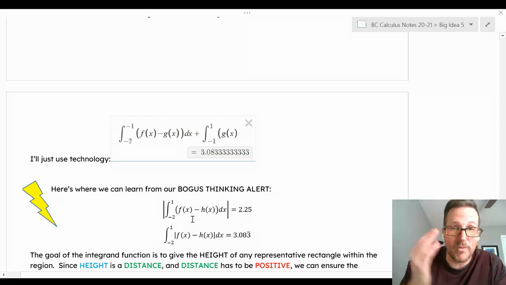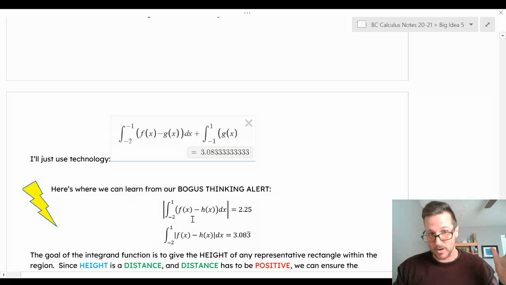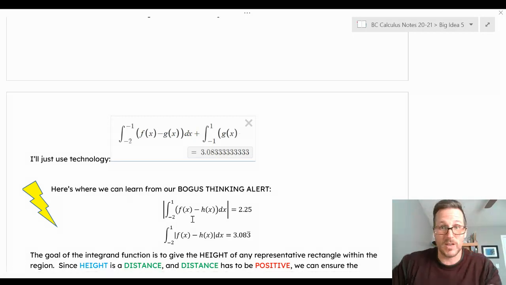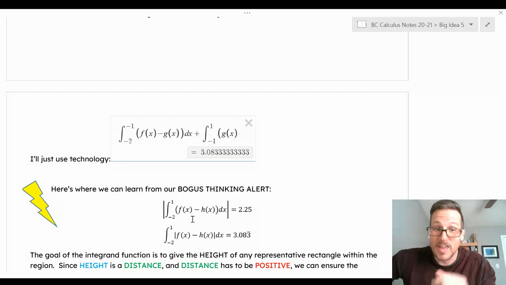Because if I do the integral from -2 to 1, so all the way across of f minus h, and then take the absolute value, I can only get 2 1/4. Now that's not right. But if I integrate from -2 to 1, the absolute value of the difference, I get the same answer that it should be.